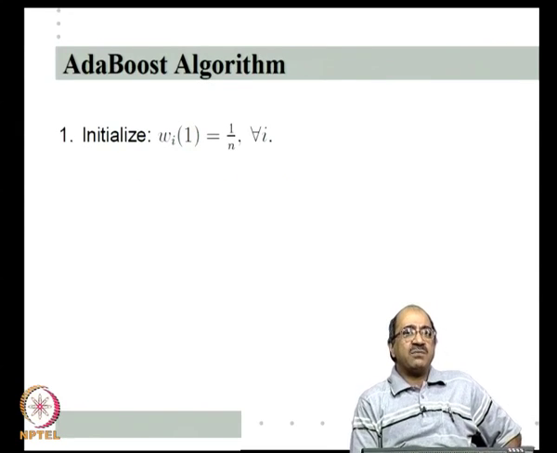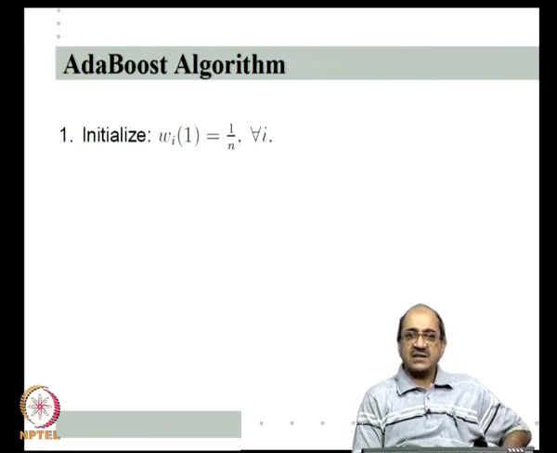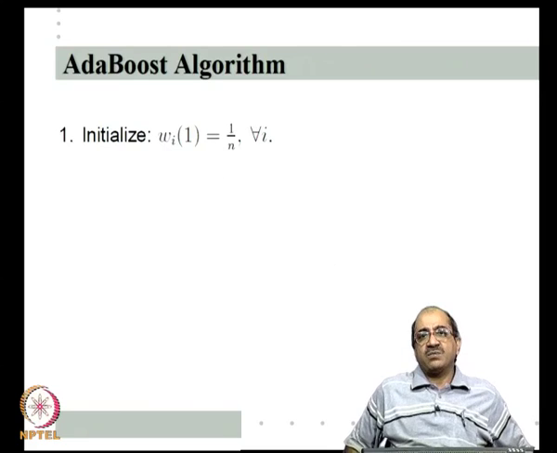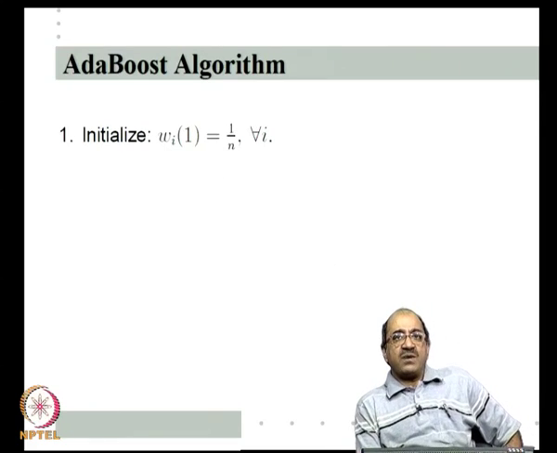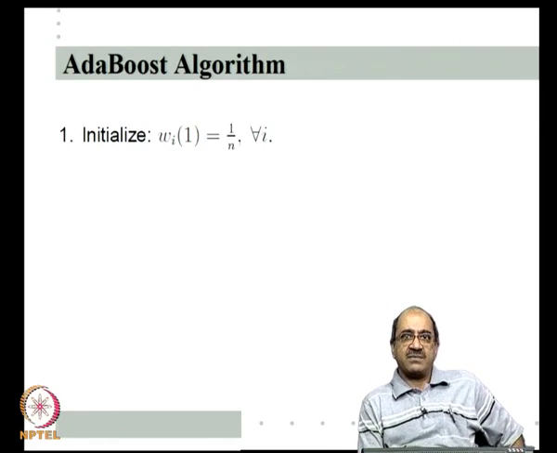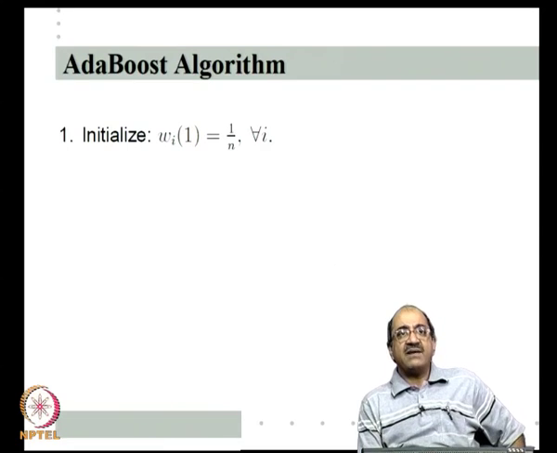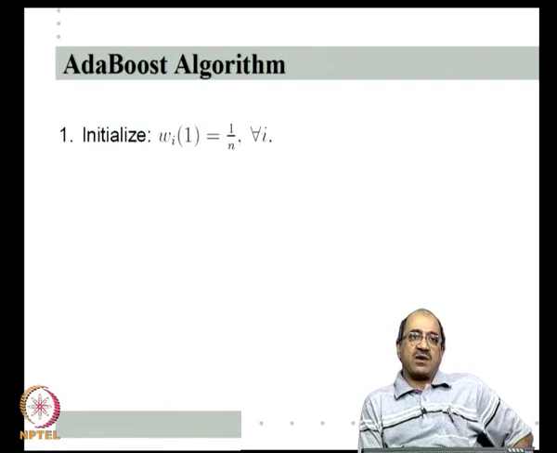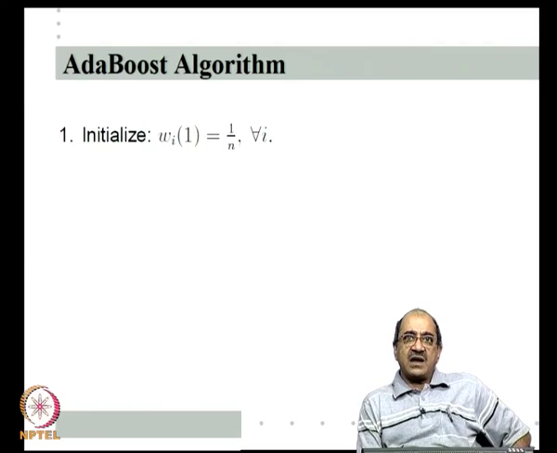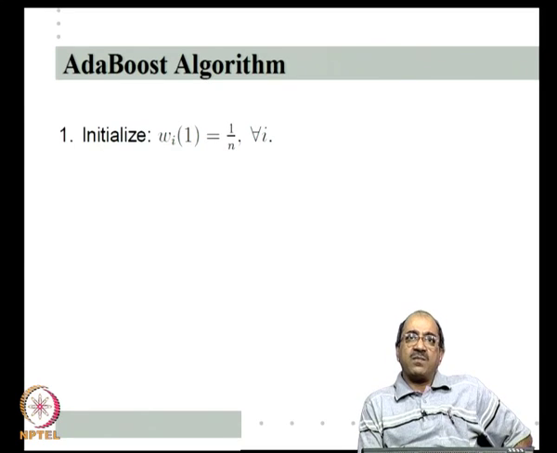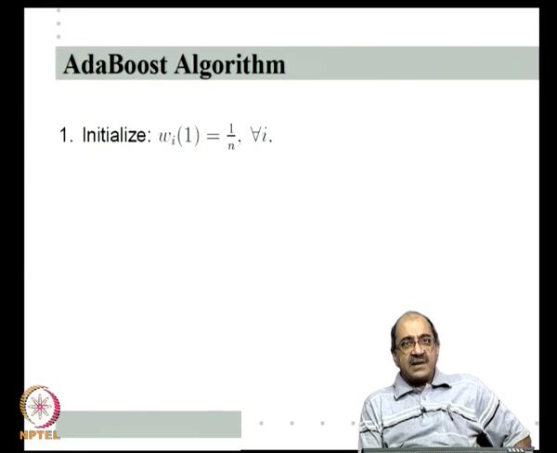We have discussed it last class, but we will look at it again. The idea of AdaBoost is that I assign weights to each of the examples given. I have an example xi, yi. To each example I assign a weight that changes from iteration to iteration. At any given time the weights are always kept normalized. So, at each iteration I use the weights as a probability distribution and sample from the examples.